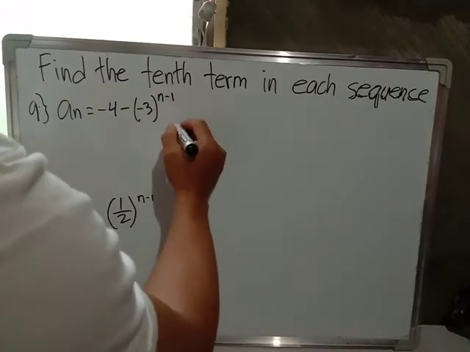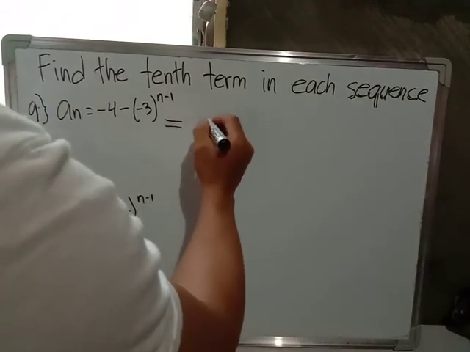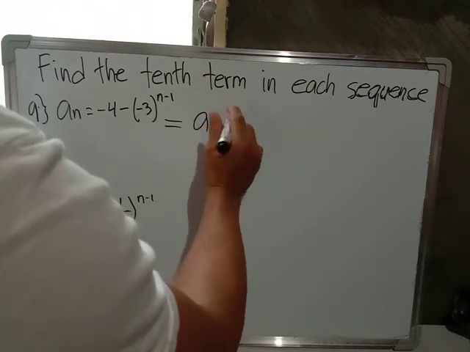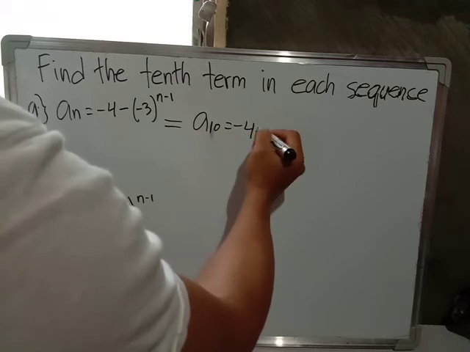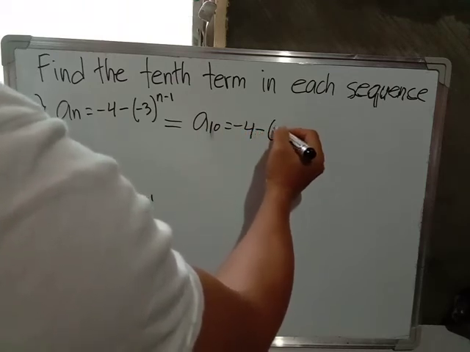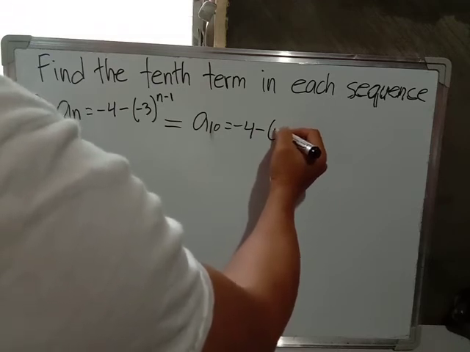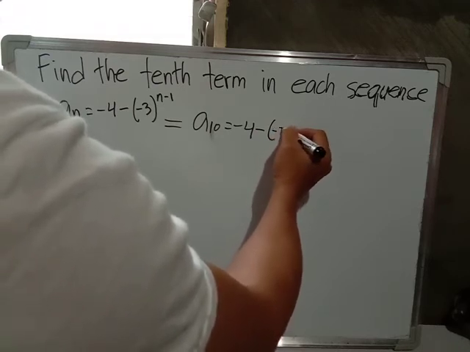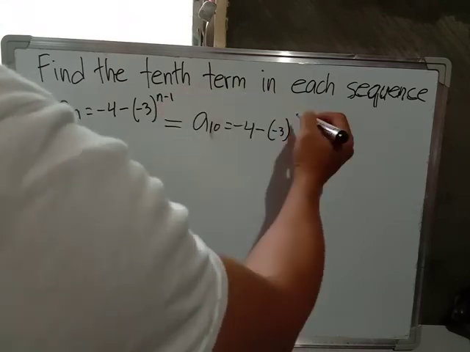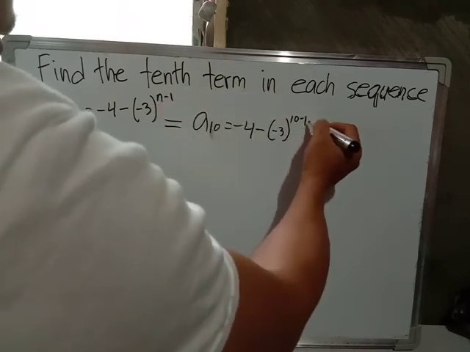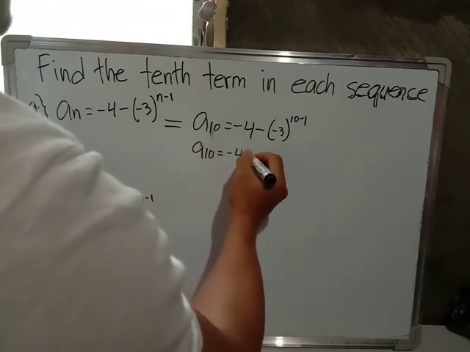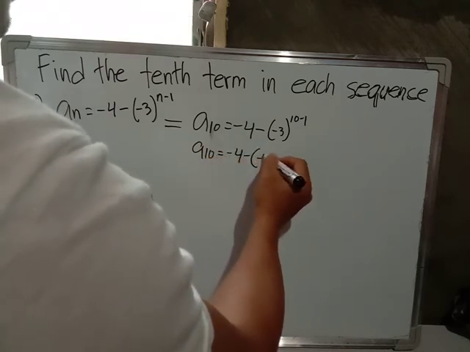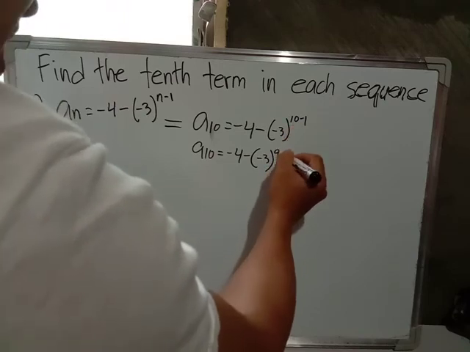So, a10 is equal to negative 4 times negative 3 to the n minus 1. So, 10 minus 1. A10 is equal to negative 4 times negative 3 to the power of 10 minus 1 is 9.